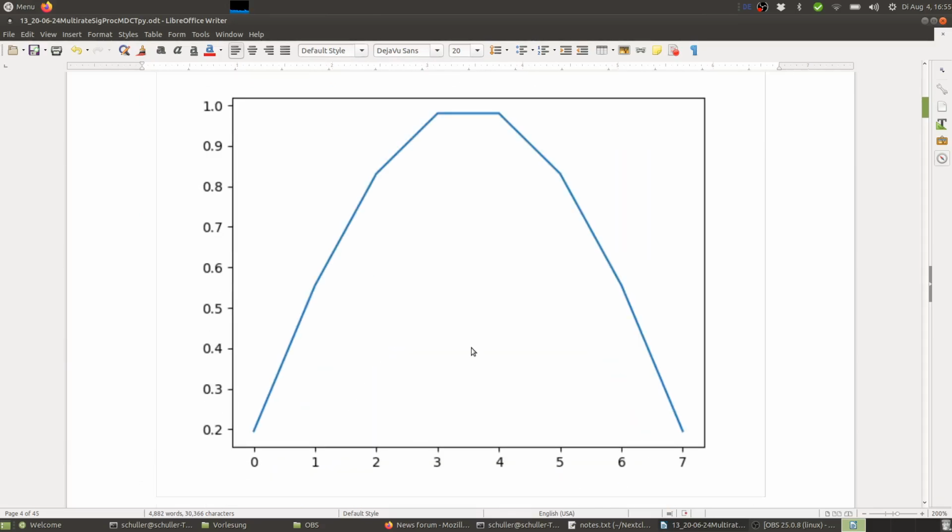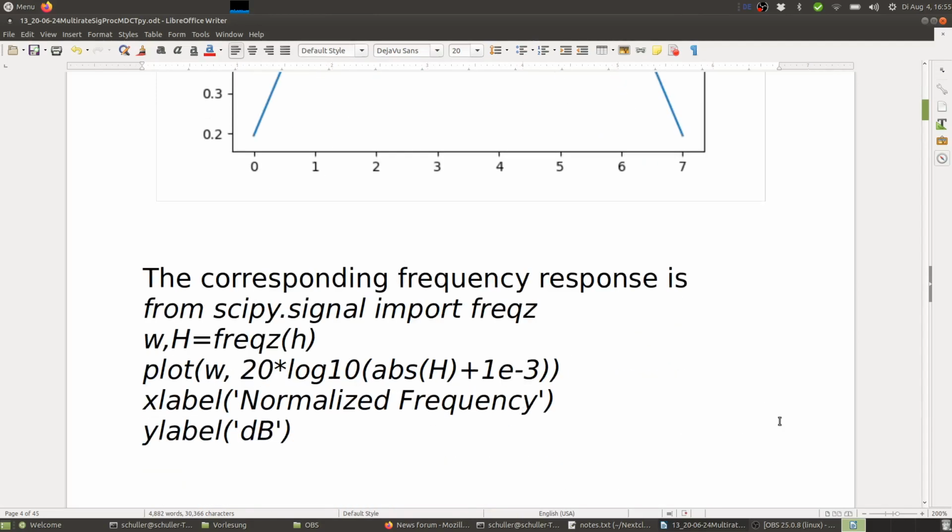So we can see it has a length of 8 samples, right? And it has this sine shape. So this is the first half of a sine period going over 8 samples, 2n. And we already saw before that this is a possible window function.